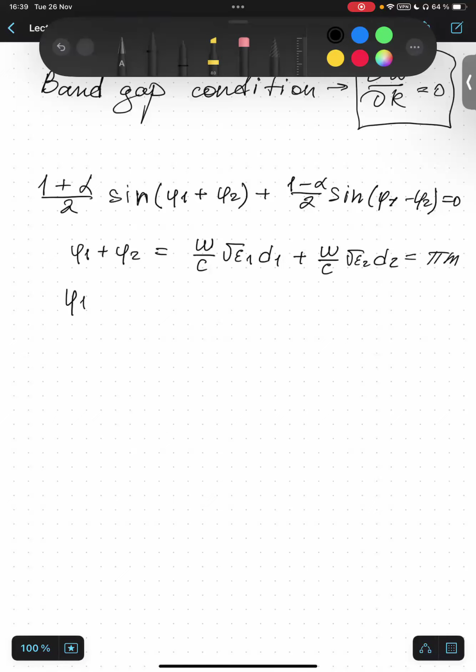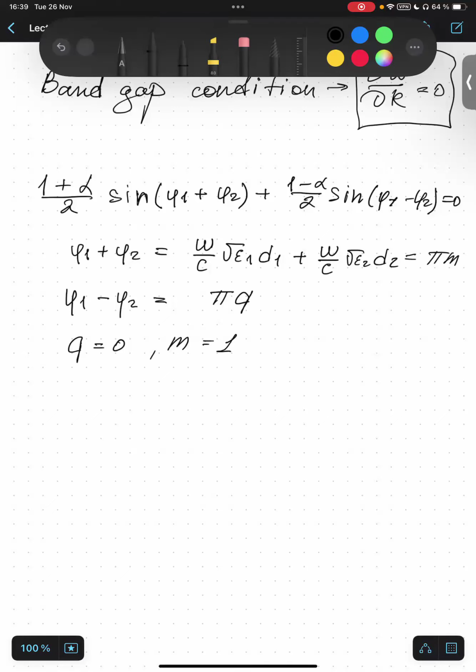The same for phi1 minus phi2. The same expression, I will just say that it is equal to pi q. For the simplest case that we can analyze, for example, let's say that q is equal to 0 and m is equal to 1.